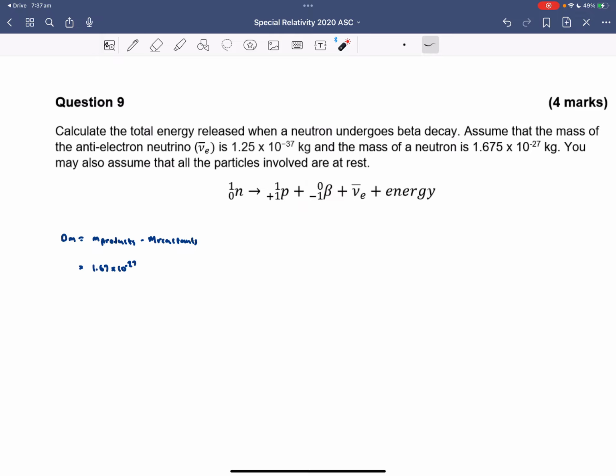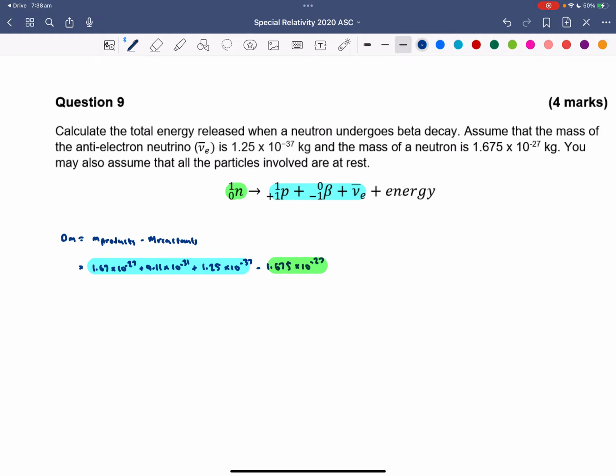A beta negative particle is an electron, so that would be 9.11 times 10 to the negative 31, plus an antineutrino, and they've told us the mass of an antineutrino is 1.25 times 10 to the negative 37, minus the mass of the reactant. The reactant is a neutron, and they've told us the mass of a neutron is 1.675. Pretty easy. These three were the masses of the products, and then I've just minused away the mass of the neutron, which they told us.